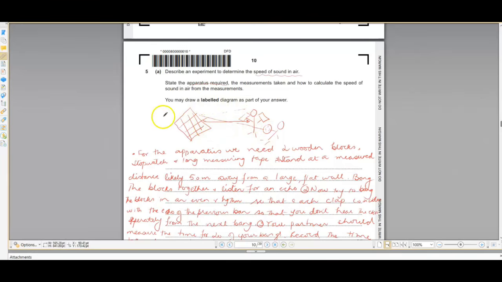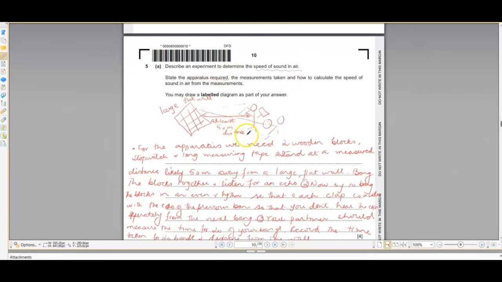So such a diagram will suffice. Large flat wall, if your drawing is good, then even better. And here you can write at least 50-meter distance, and then you can go along with the answer.